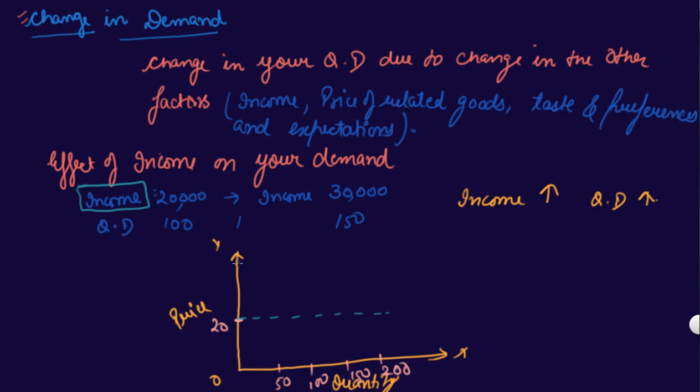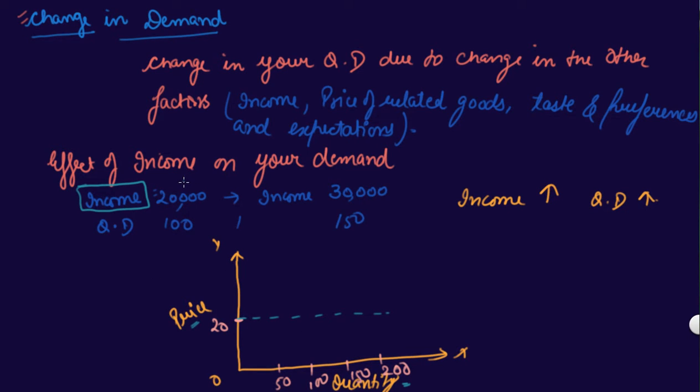So you cannot plot that income on this graph because while making your demand curve, you have two variables, that is price and your quantity. So on graph you cannot take this third variable of income. So at this point you make demand curve with your price and quantity. So at this point the price of the quantity has not changed, your income has changed.